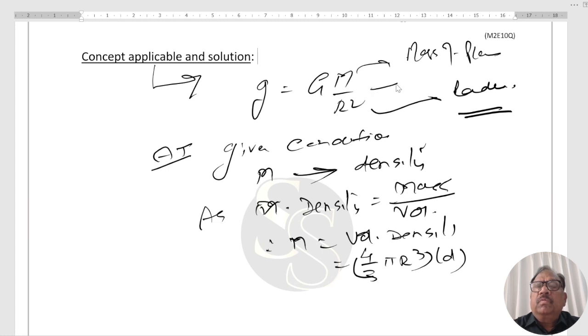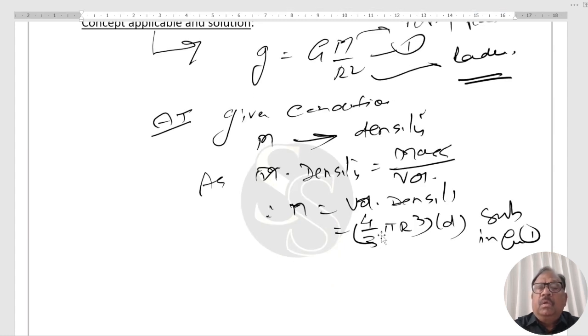Now, substituting in equation 1, g comes out to be G into 4 by 3 pi R cube d upon R square.